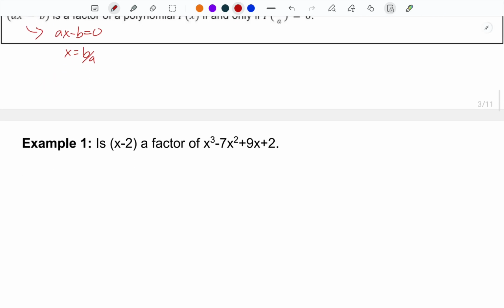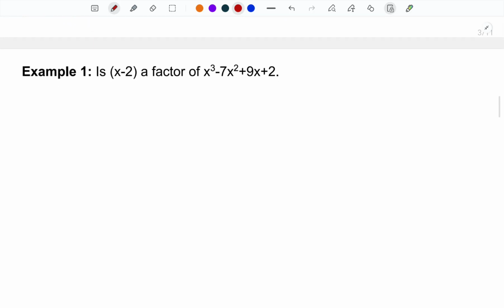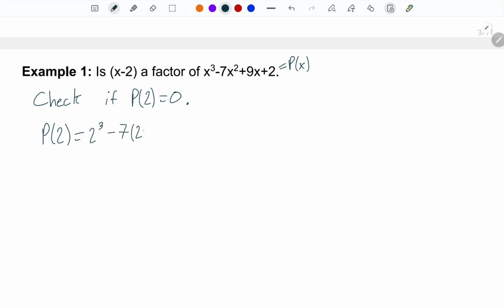So let's get a hang of the factor theorem. Is x minus 2 a factor of that polynomial? What we need to do is check, we'll call this polynomial p of x, if p of 2 equals 0. So let's check that. P of 2 is going to be equal to 2 cubed minus 7 times 2 squared plus 9 times 2 plus 2.